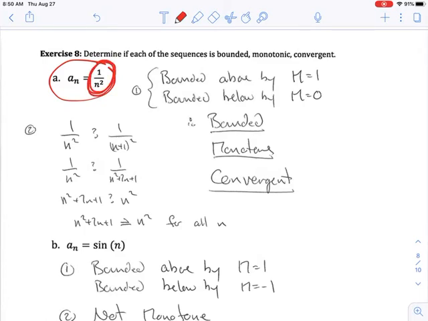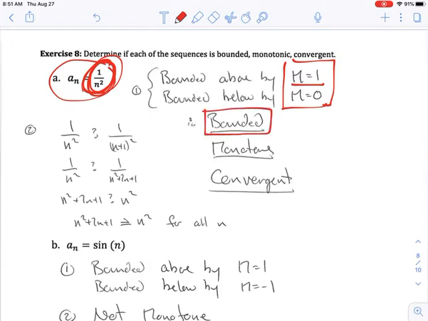So when n is 1, and that's the smallest value of n, we have a 1. When n is going towards infinity, the limit of this is approaching 0. So it's never going to be greater than 1. It's never going to be less than 0. So it's bounded above and below by those two numbers. So it's bounded. Think about that for a little bit.